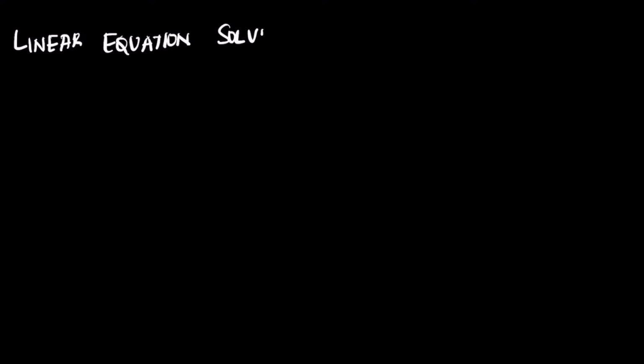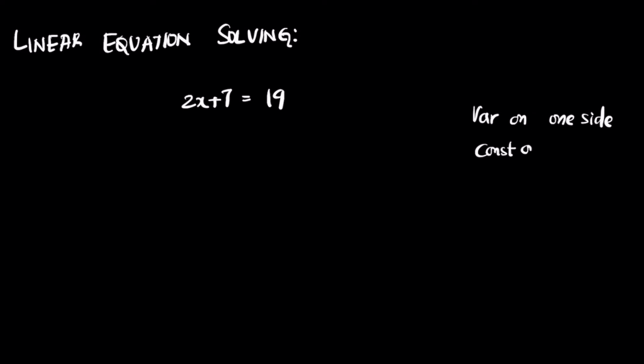So how do you solve a linear equation? For example, let's say I have a problem of 2x plus 7 equal to 19. How do you solve this problem? The first step is to rearrange and push the variables on one side and the constants on the other side.